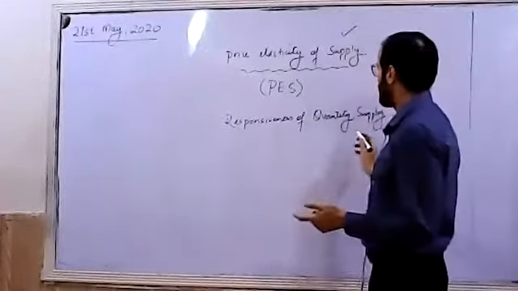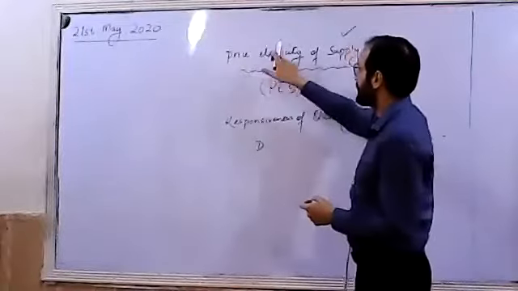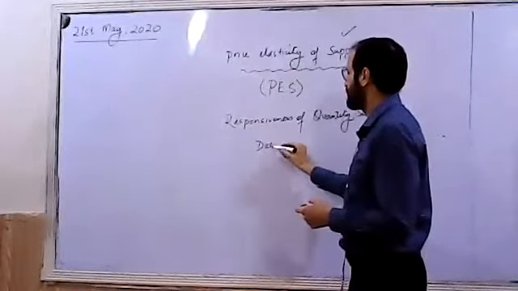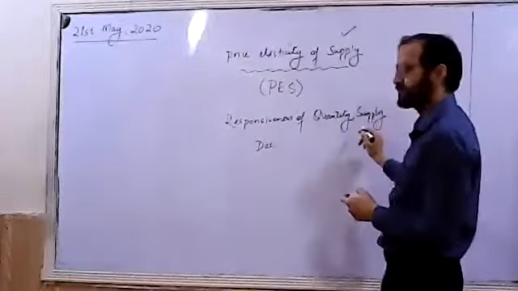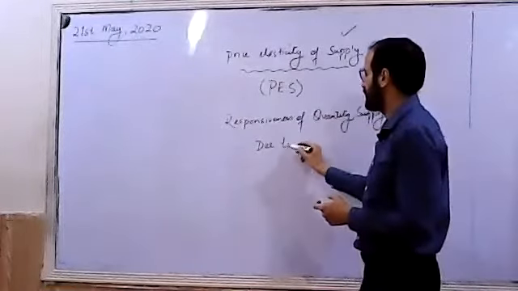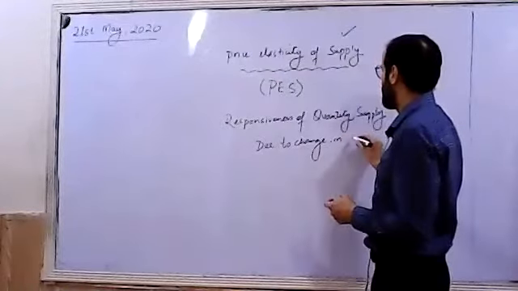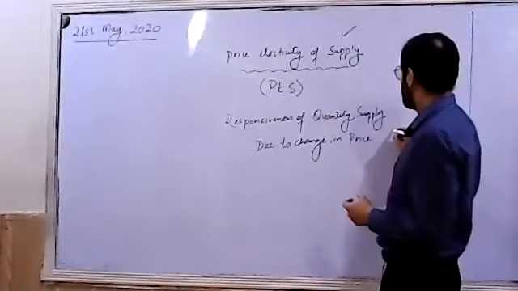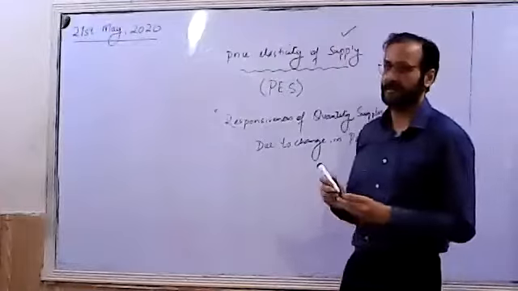And why and how it responds? Since it's price elasticity of supply, we are going to use another word in this statement, that the response of the quantity supply is due to change in price. So this is how we actually define price elasticity of supply.